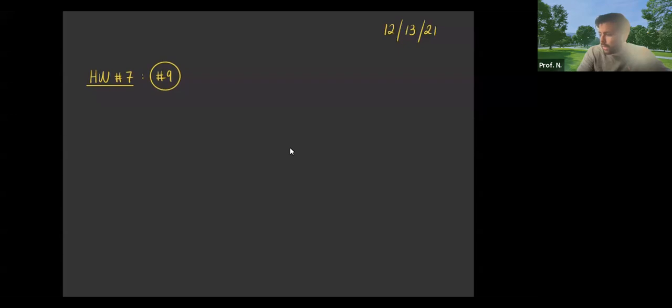Okay. I think so. So let X be a Poisson distribution that tells you the number of cars arriving at a Shell station.